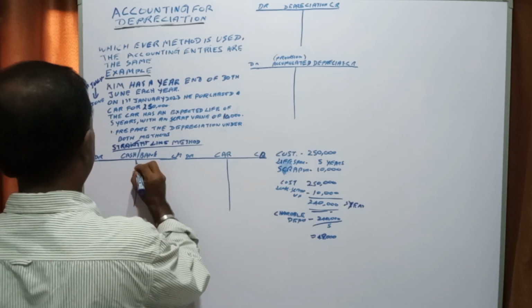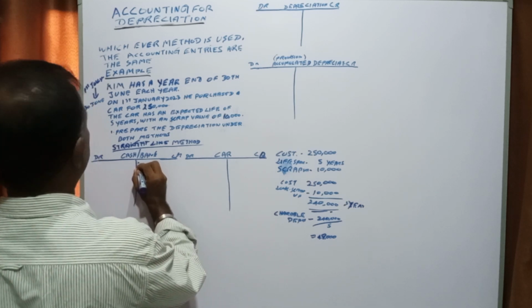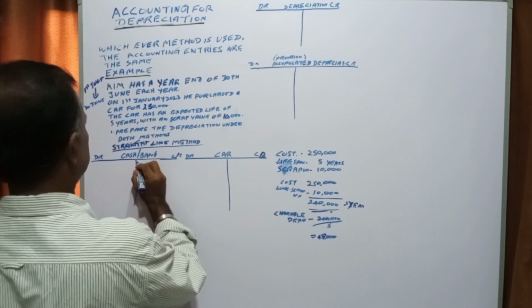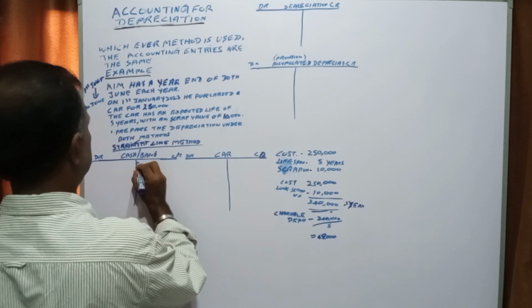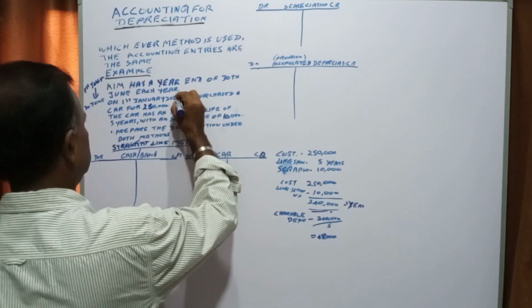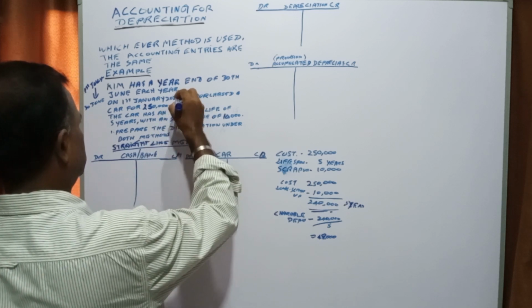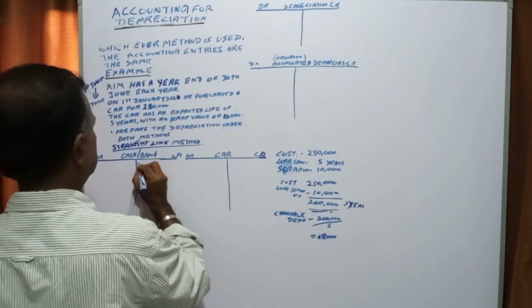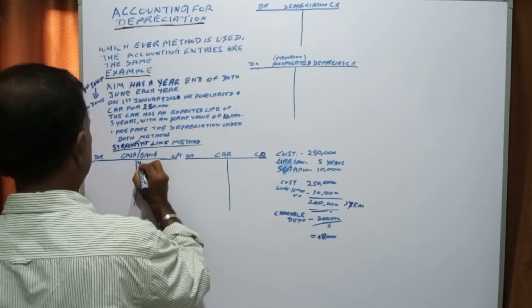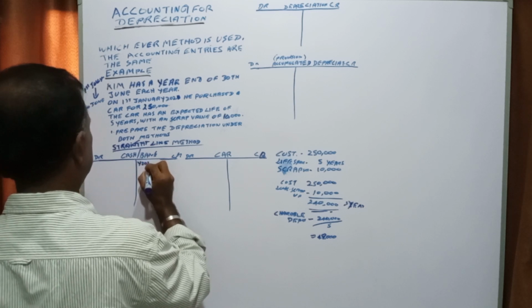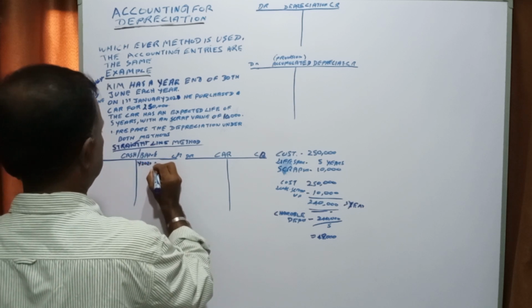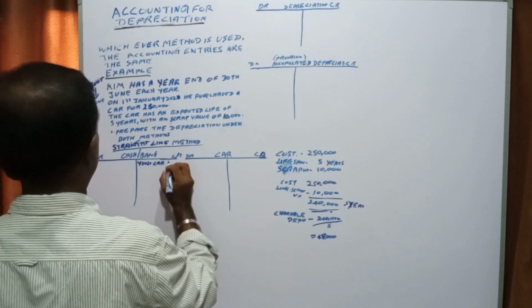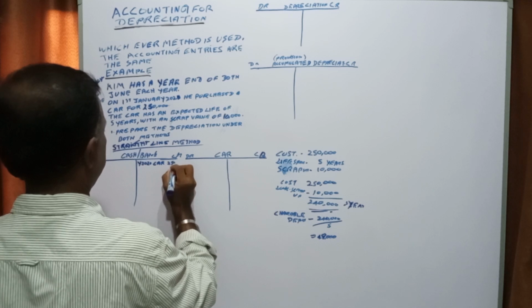We can say the year of 2020. Car purchased for 250,000.